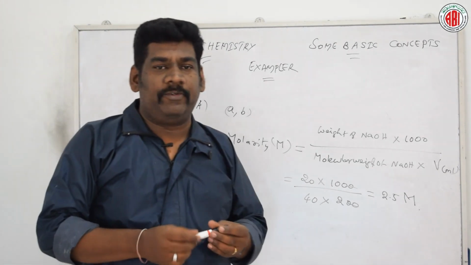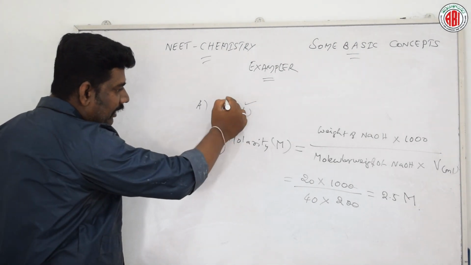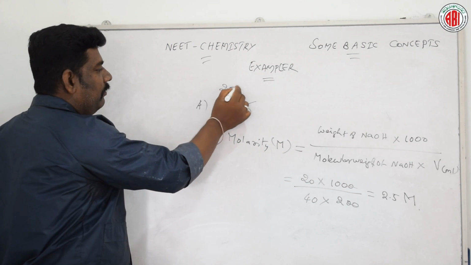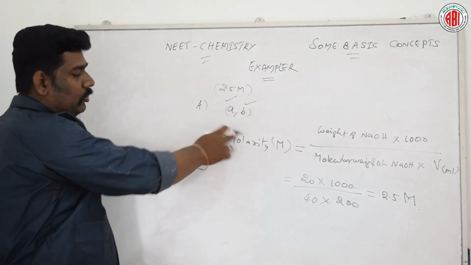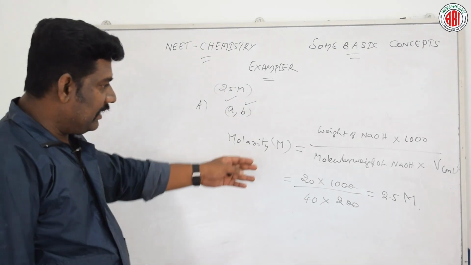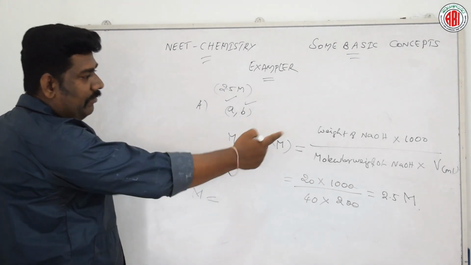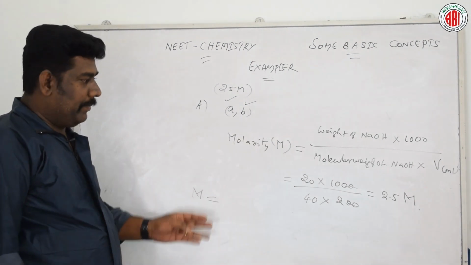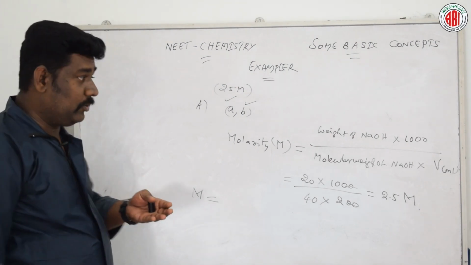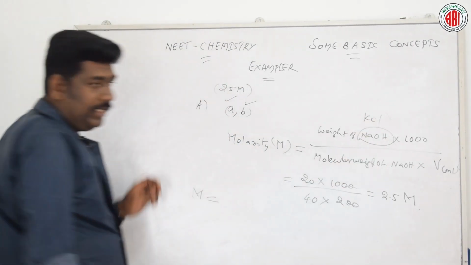Similarly, option A has the 2.5 molarity answer. Now option B, let us see. In option B also, applying the same formula, molarity is equal to weight of the solute into 1000 by molecular weight into volume in ml. In option B it is not given as sodium hydroxide; it is given as KCl, potassium chloride.